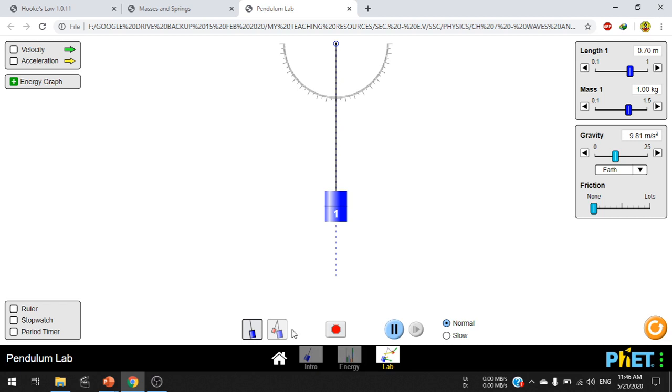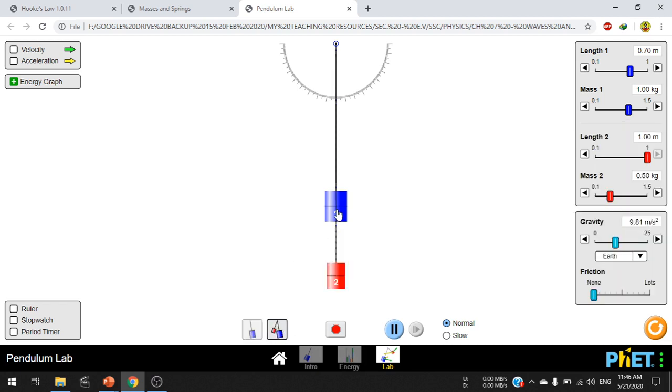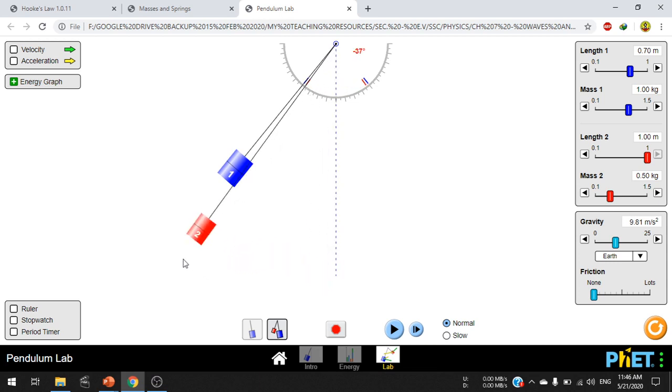We take two simple pendulums. Number one has a shorter length, and number two has a larger length. We release them from the same angle, 40 degrees.